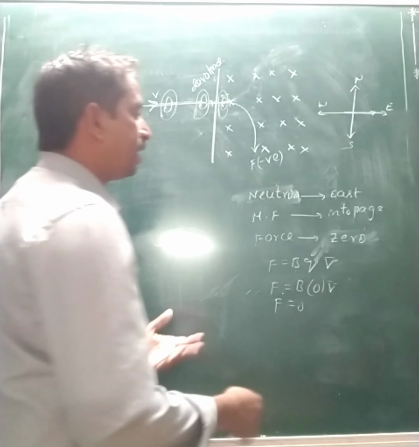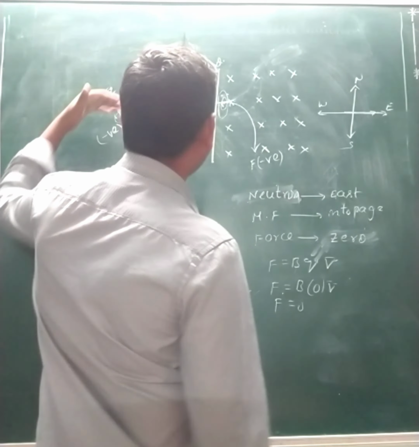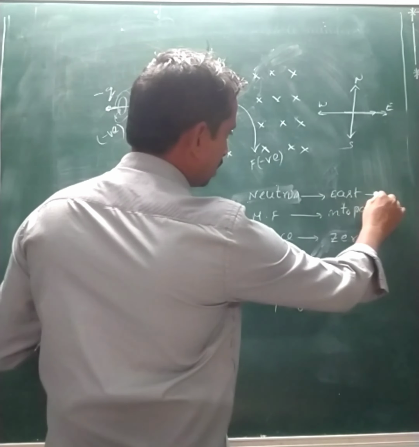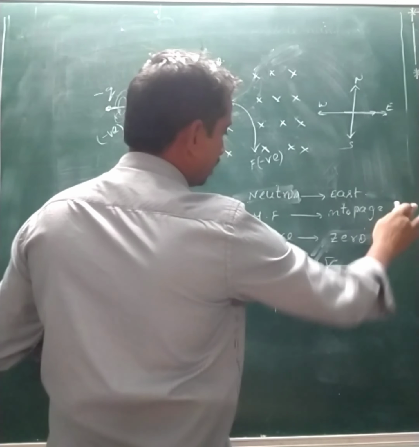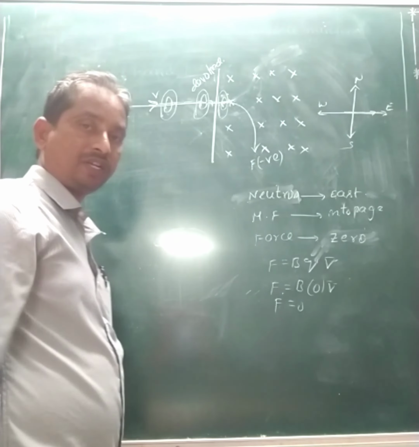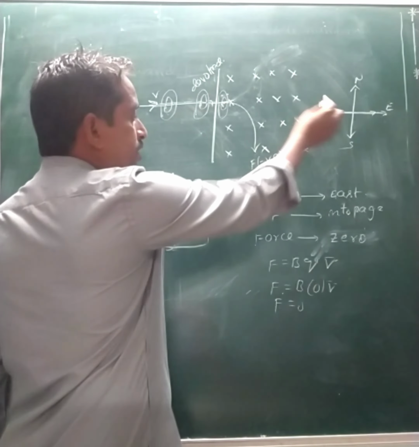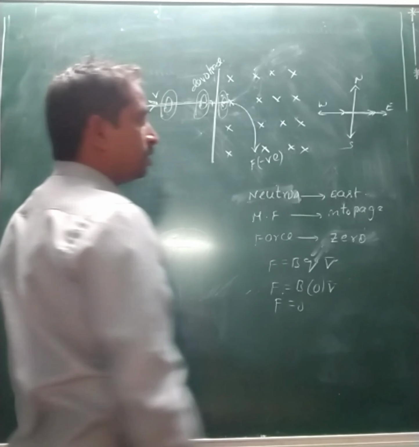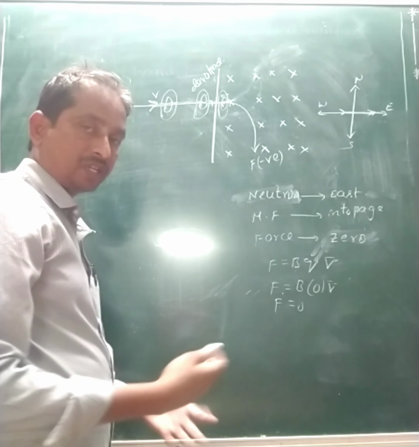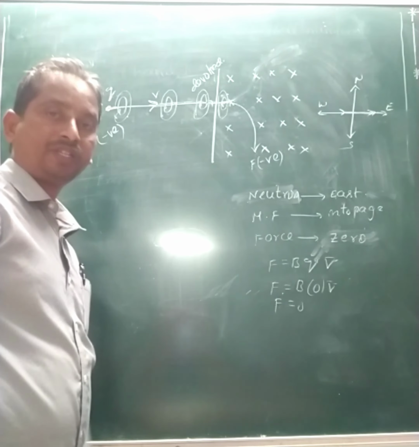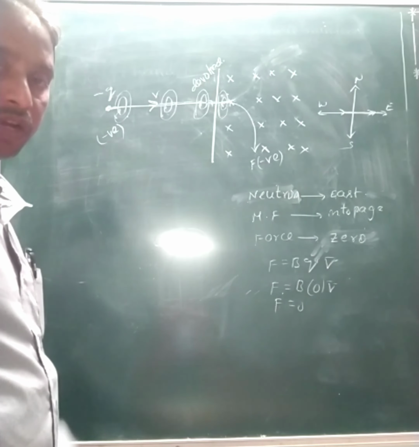Now what is the direction? The neutron is moving in the east direction only. There is no change in direction, no force. Initially east only. After a certain time also, after entering the field, what is the direction? East only. Is any change in direction there? No, not at all.